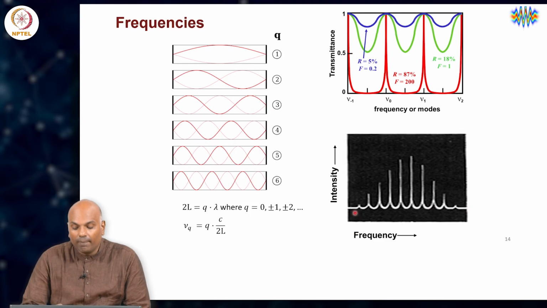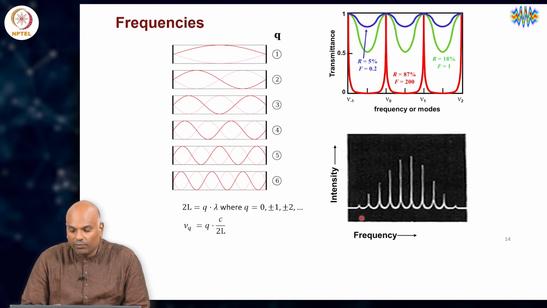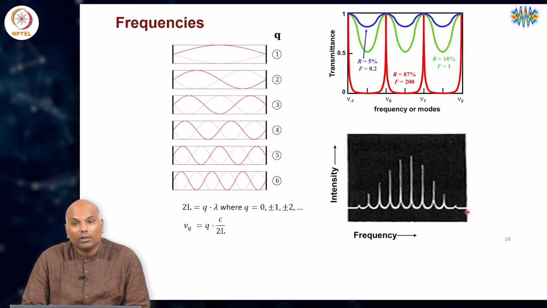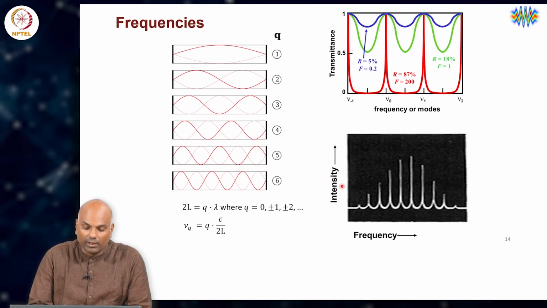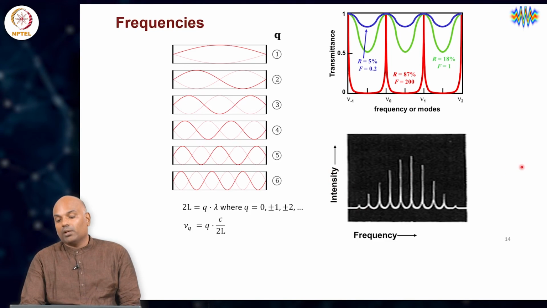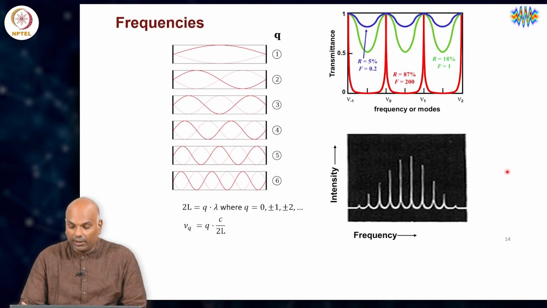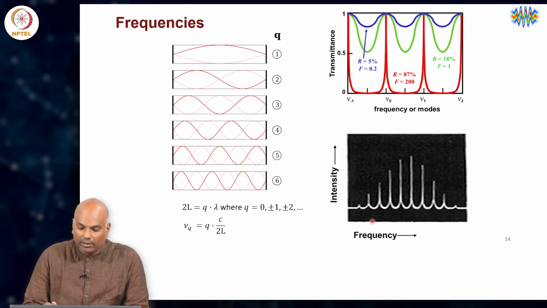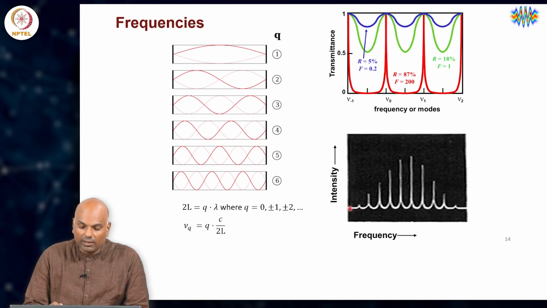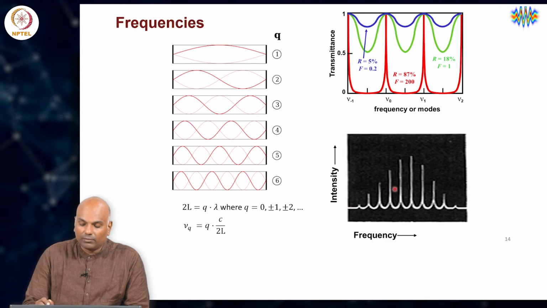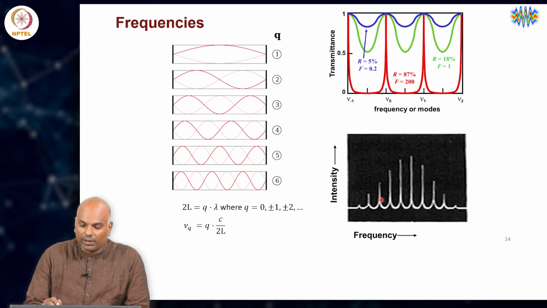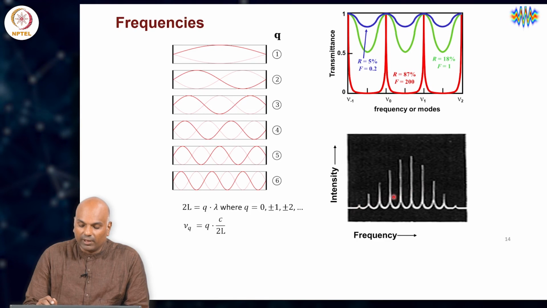The transmitted intensity, or irradiance, can be measured even using a very slow detector, then plotted as frequency versus intensity. In the real experiment, you have these eigenfrequency modes being transmitted very efficiently.